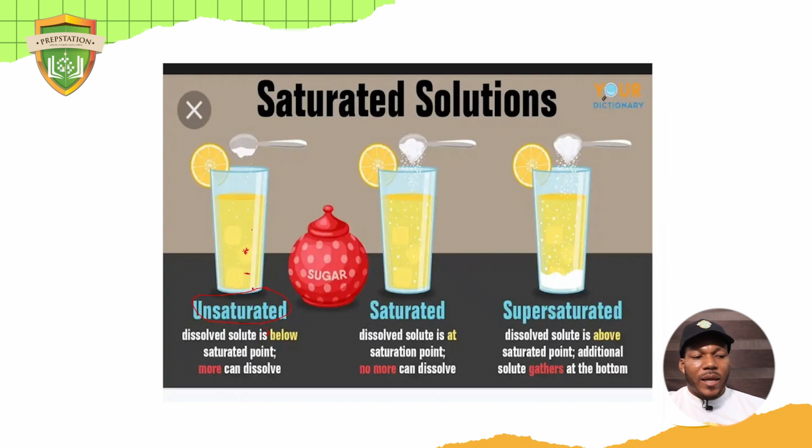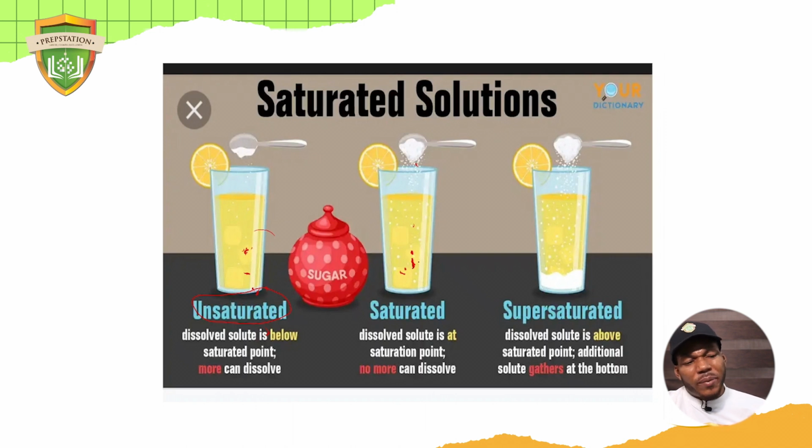That means that the particles are fully dissolved in the solvent. They have low solute, but it will dissolve more solute at that temperature. In a saturated solution, the solid will not dissolve completely in the solvent at that particular temperature.